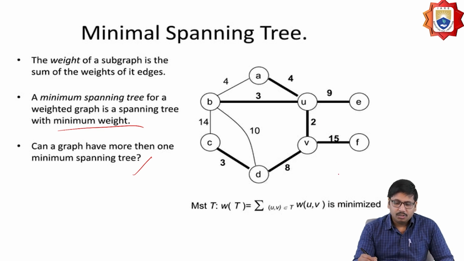Let us consider this graph, where weights are assigned. If I take the summation over all the spanning trees like this, the minimum weights are going to be considered.